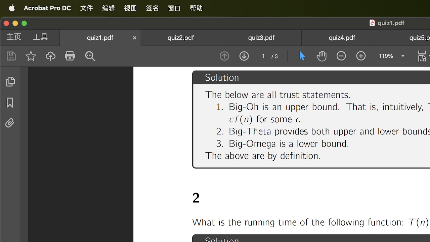Okay, so number 2, what is the running time of the following function? So T(n) is equal to 13 + 12 n log n + 3 n squared. So basically, to figure out this problem, we just first ignore all the constants. Like the first one, this 13, we ignore 13, and we ignore 12, and we ignore the 3. So we have n log n and n squared left.